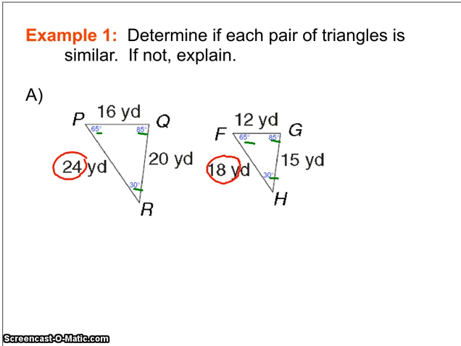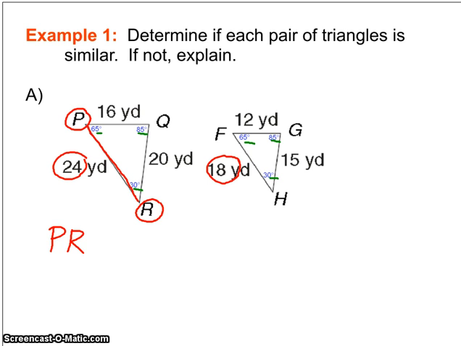I'm going to start with my largest shape. The side that has 24 runs from P to R. Okay? If you remember back last year with geometry, when you label the sides, this would be labeled PR. Now you also could do RP, so choose whichever one you want.